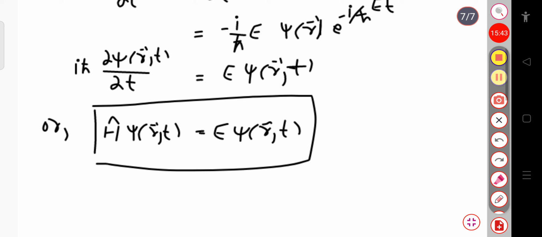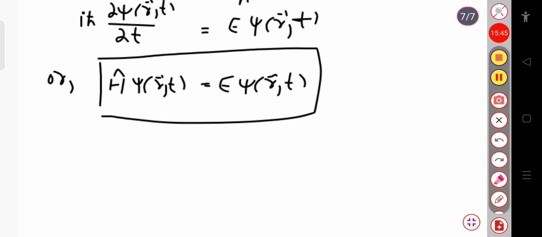Now let me write first multiplying and then integrating.